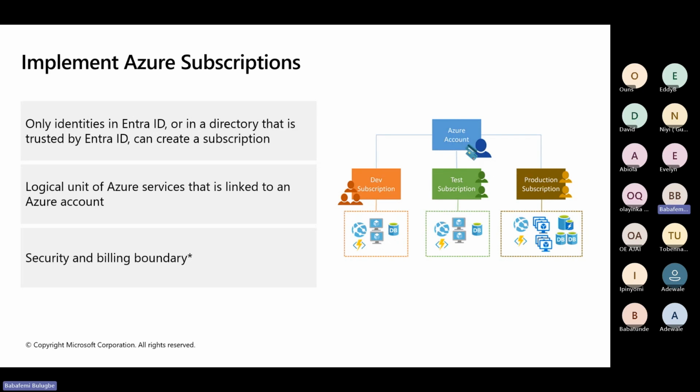Don't get confused at this time: you can have multiple subscriptions within one tenant, but a particular subscription cannot be in two different tenants. And as you can see on the screen in the image, under each of these subscriptions we have different resources and different resource groups.